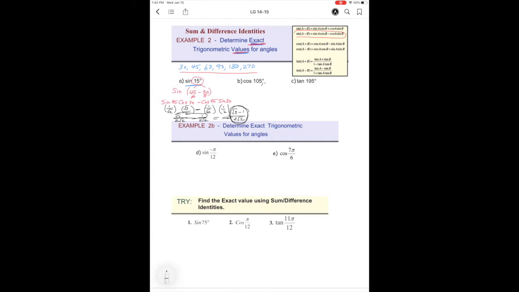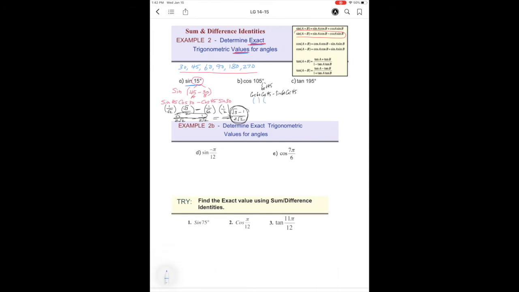Okay, so for cos 105, I can go 60 plus 45, and I know that will become a cos a plus b. So when I write it out, it's cos 60 cos 45 minus sin 60 sin 45.